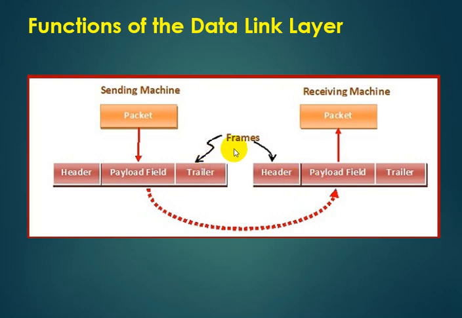Here also, the message received from the sending machine with the header, payload field and trailer is converted back to packets. So finally, whatever message the sender is sending will be received by the receiving machine in the form of packets only. So this is the relationship between frames and packets.